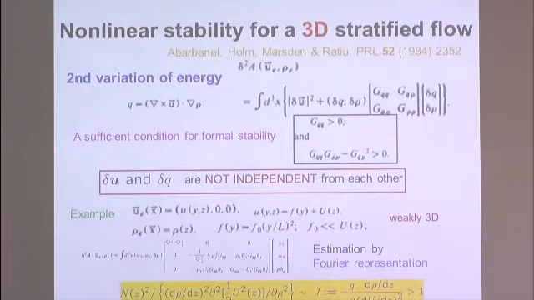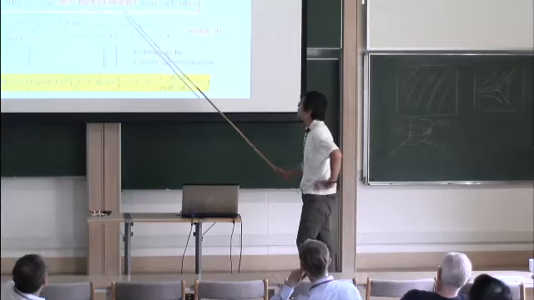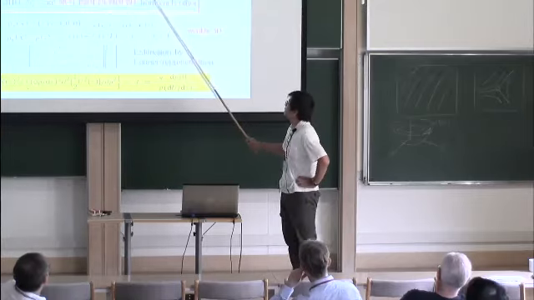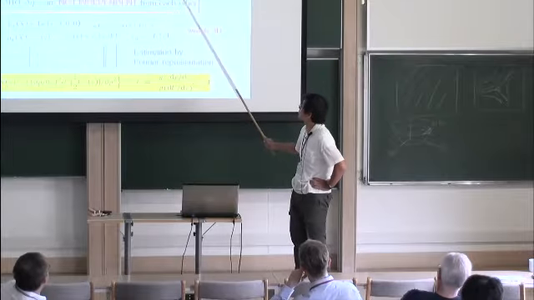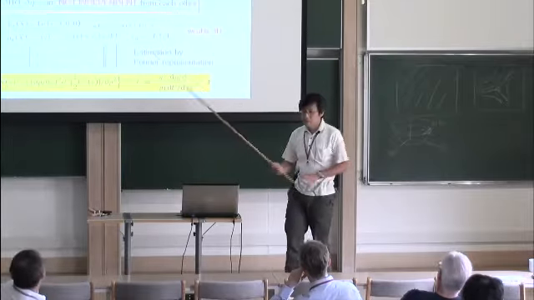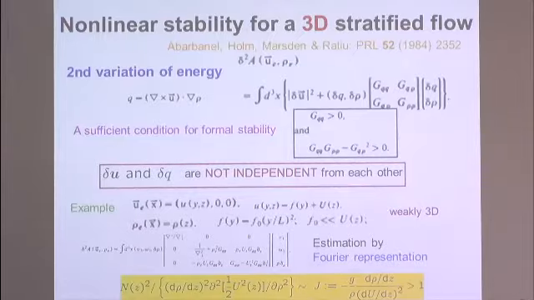But their treatment is too strong, because they treat velocity and potential vorticity as independent. Actually they are not independent, so this can be improved.